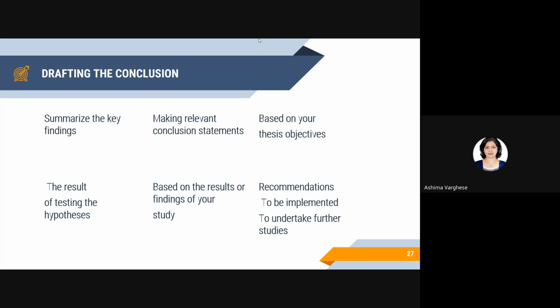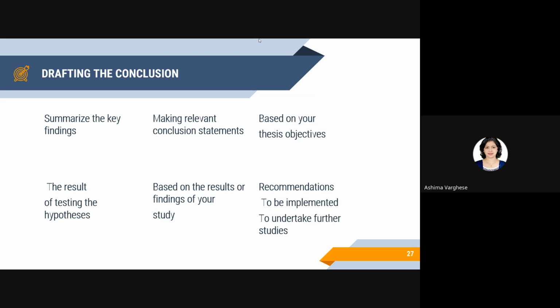I need to mention that I have observed many scholars who have the tendency to include conclusion statements, especially when drafting manuscripts, that are obviously very good sounding, but they do not actually have a basis. They do not actually relate to your thesis objectives or your research hypothesis.